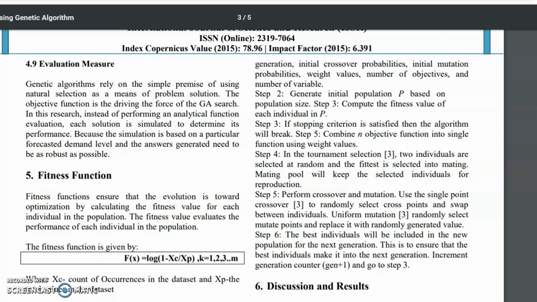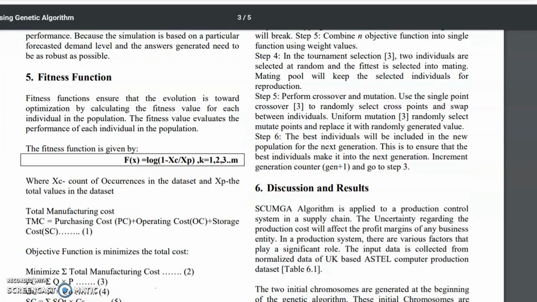The steps further are perform the crossover and mutation, and we do uniform mutation and single point crossover. That is the basis of our algorithm. The best individual is then found from the genetic algorithm tools and operation.